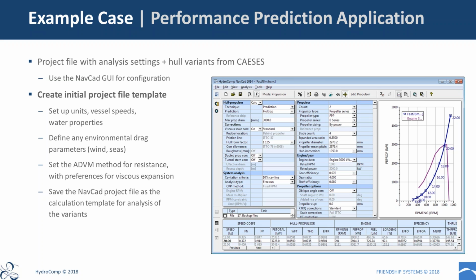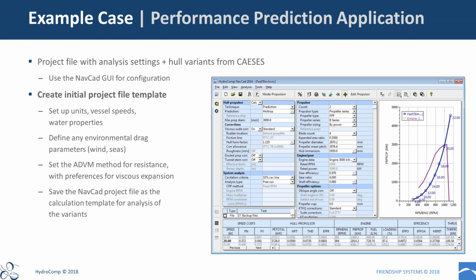So we would propose to set up an initial project file template that you would begin with, and then allow the hull form to change iteratively for each variant session from NavCad inside of CAESES, and let CAESES indicate, here's the new hull, here's an opportunity to recalculate that. Let me capture the results for this modified hull.